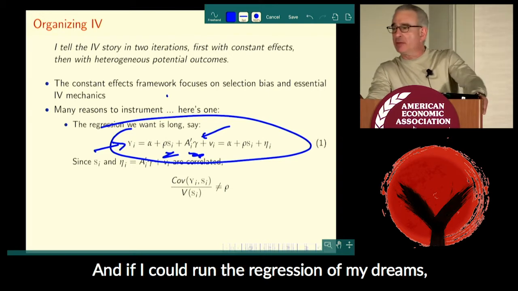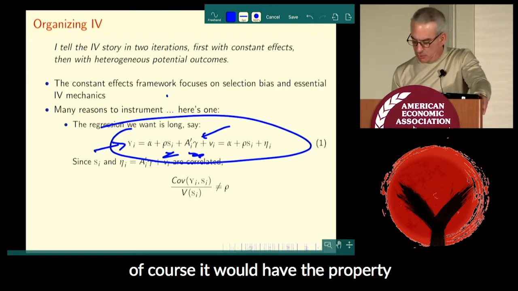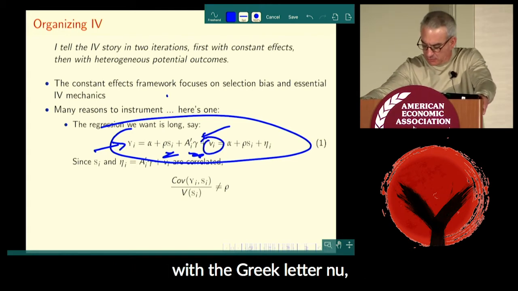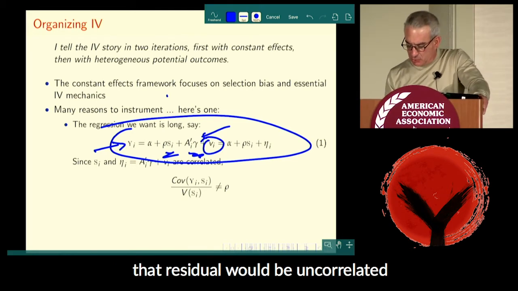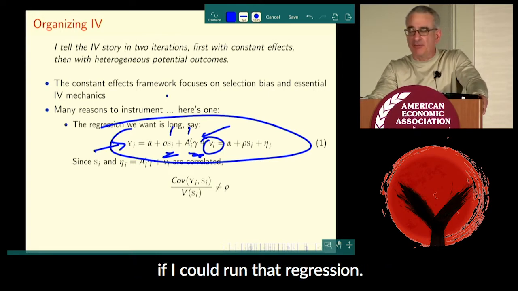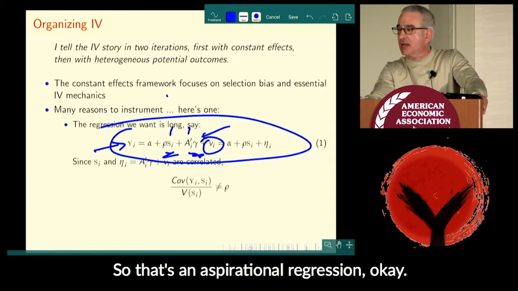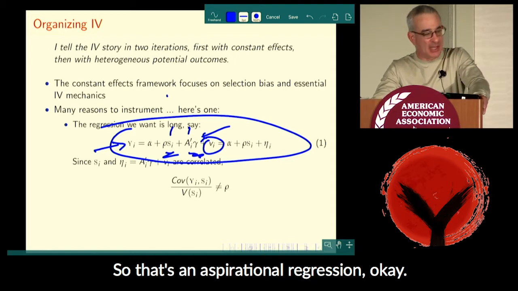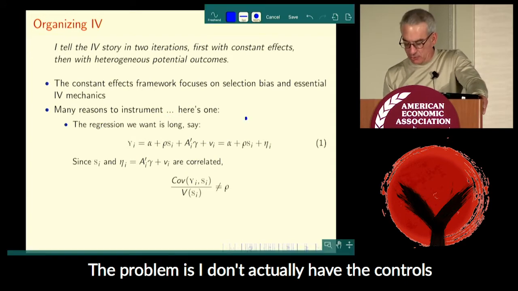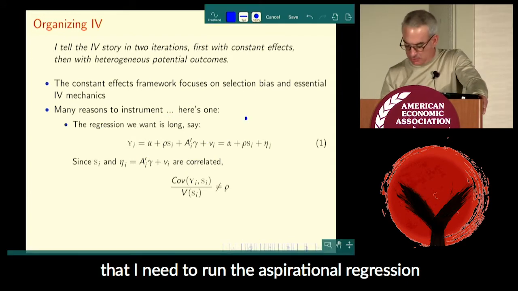And if I could run the regression of my dreams, of course, it would have the property that the residual here, which I've labeled with the Greek letter nu, that residual would be uncorrelated with the regressors that are in it, okay, if I could run that regression. So that's an aspirational regression, okay? The problem is I don't actually have the controls that I need to run the aspirational regression.